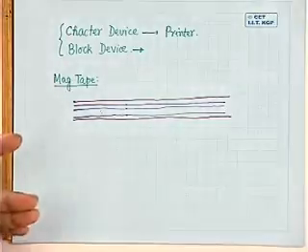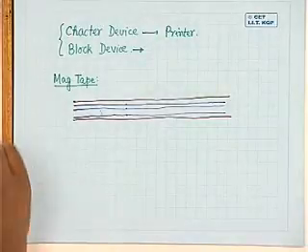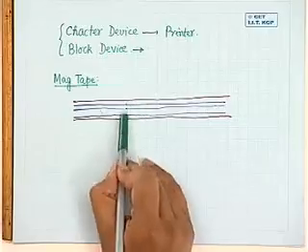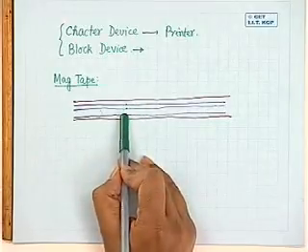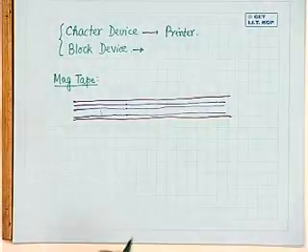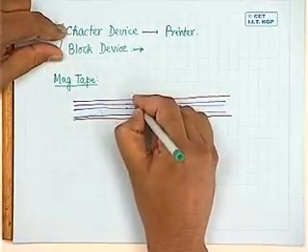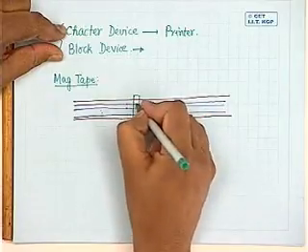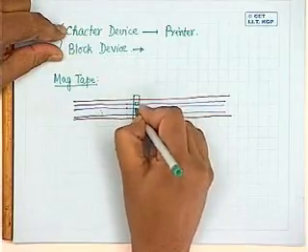This entire magnetic tape passes over a read-write head. It is actually an array of read-write heads. As we have 9 different tracks, similarly, to read any data from this magnetic tape, I have to have a read-write head which is actually an array of 9 read-write heads.